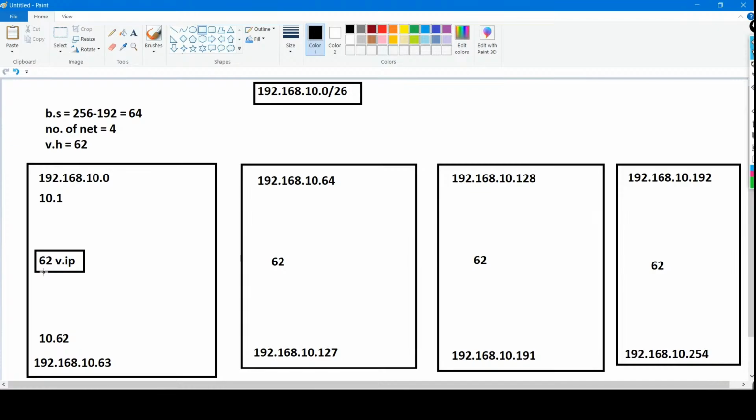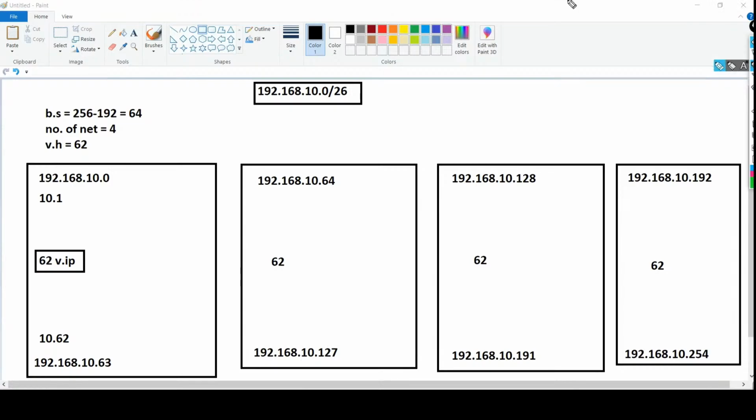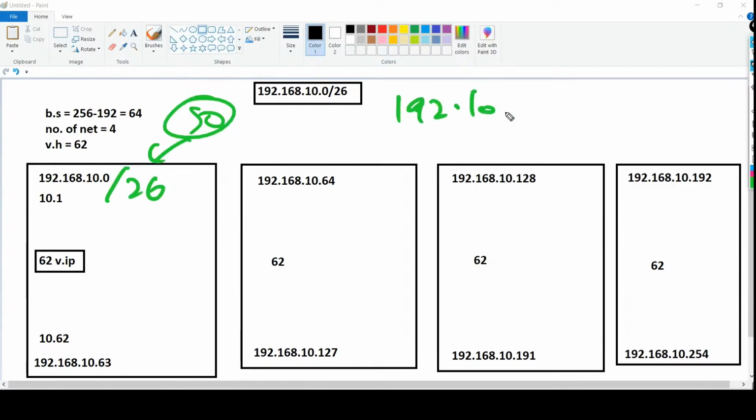Now if I need to design a network where we only need to connect 50 computers, that means we need only 50 IP addresses. So tell me, should I use this network with /26 or should I use 192.168.10.0/24?